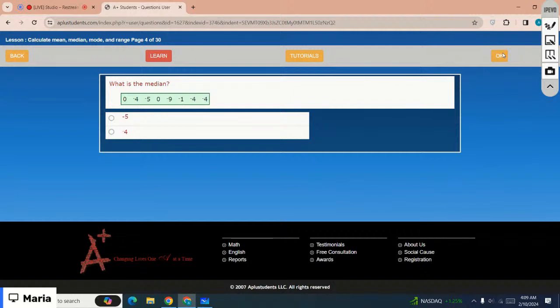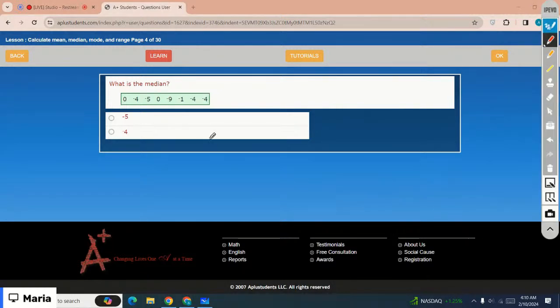What is the median? So median is actually the number that divides the whole data into two equal parts, right? So we have to arrange them from least to greatest. Let's just arrange them, right?